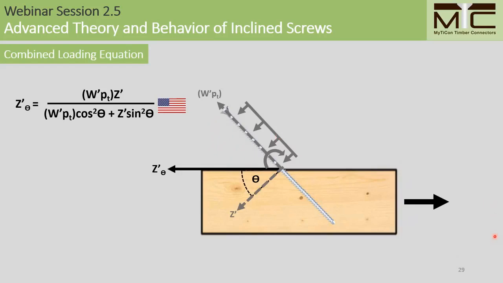Since we're modeling dowel effects perpendicular to the axis, the dowel bearing resistance is modeled as shown here. And this means that for large diameter fasteners, we would also need to work out the dowel bearing resistance at an angle between 0 and 90 degrees to the grain by using a Hankinson expression for bearing resistance. In fact, you'll also notice that the combined loading formula is in the same format as the Hankinson expression as well.